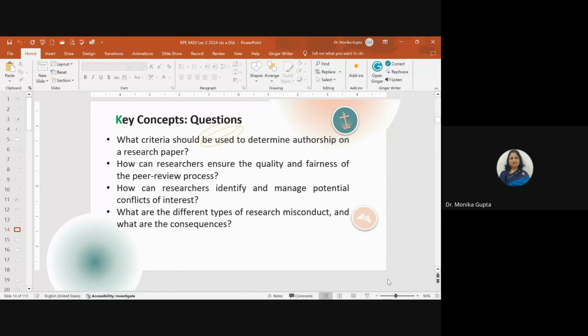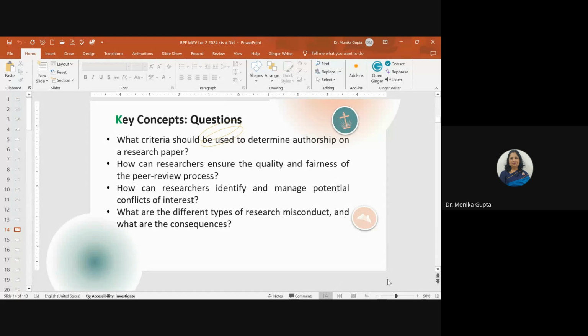Second, how can researchers ensure the quality and fairness of the peer review process? Anyone? Okay. Transparent review process, clear reviewer guidelines, multiple independent reviewers, conflict of interest management, and open access to peer reviews.